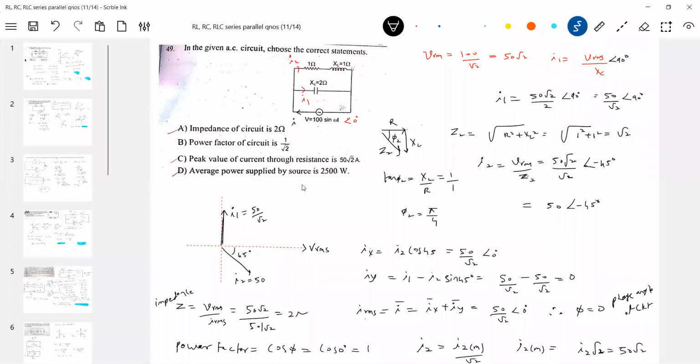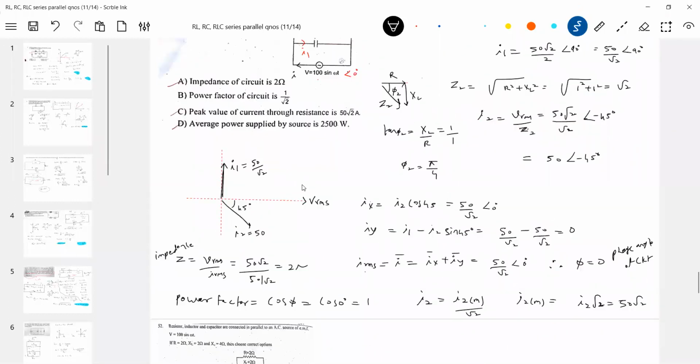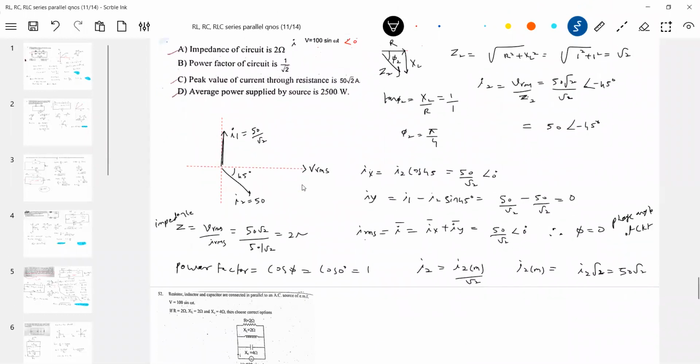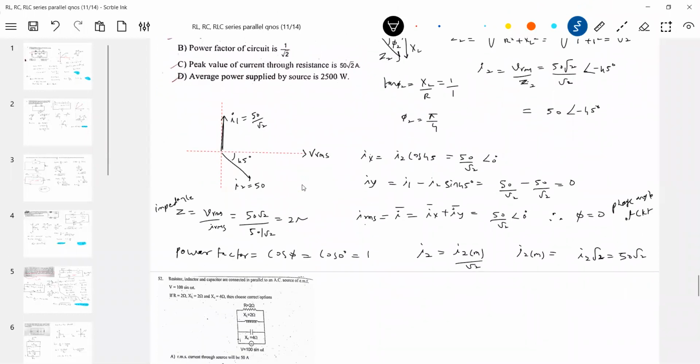Power dissipated by the circuit is I2 square R. So what is the power dissipated? Average power equal to I2 square into R. This was the power supplied, no?